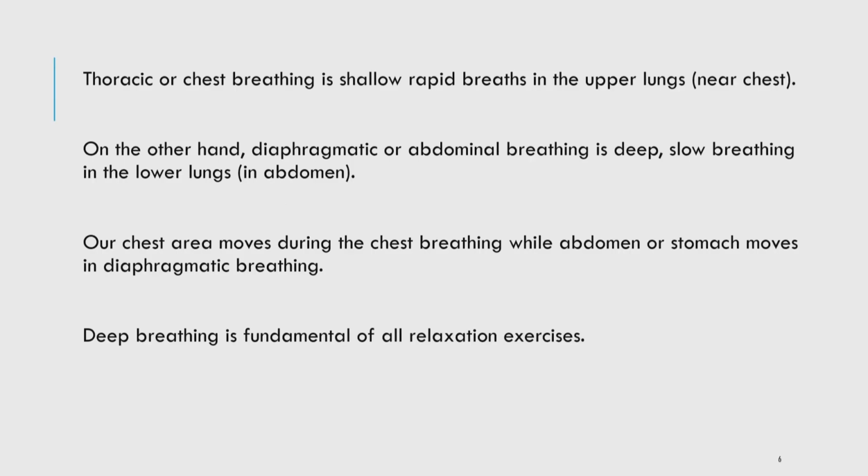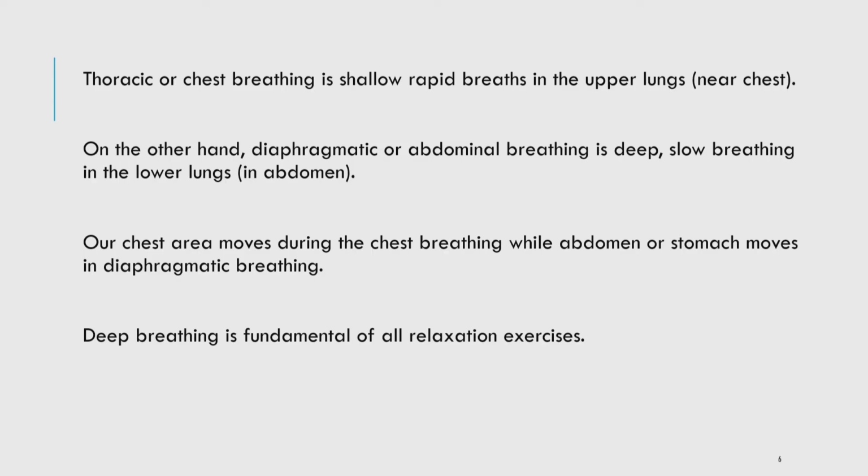Thoracic or chest breathing is basically shallow, rapid breaths in the upper part of the lungs. The upper part of the lung is near the chest, so our chest moves when we engage in chest breathing. Most of the air goes to the upper part of the lungs.